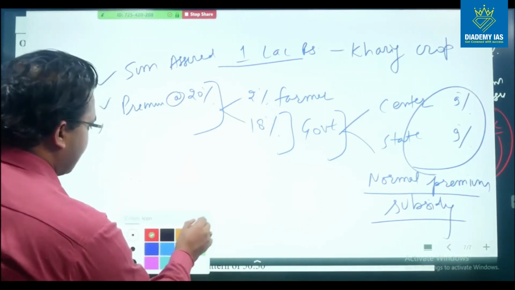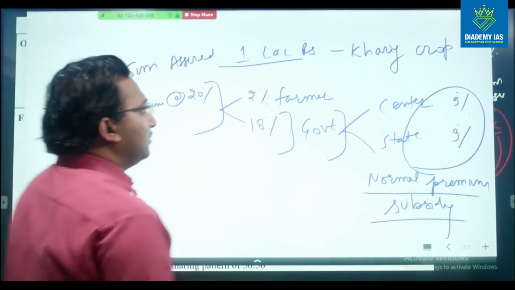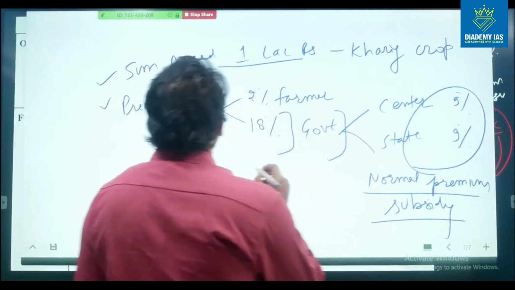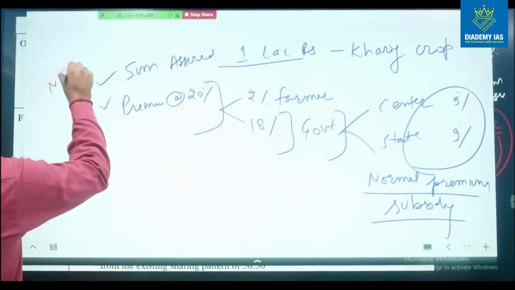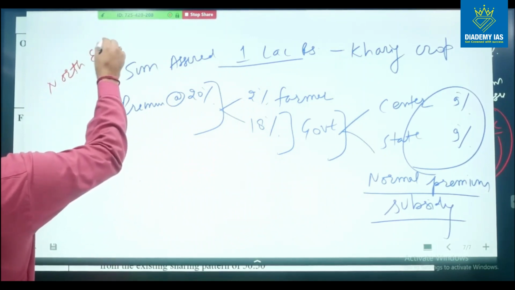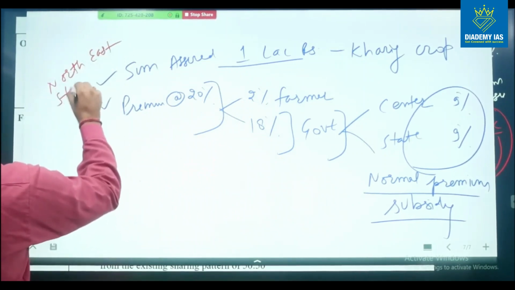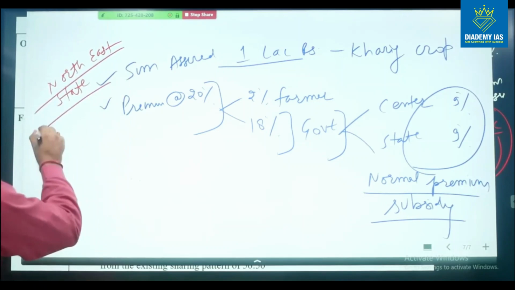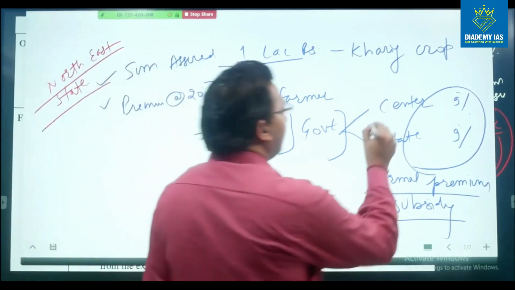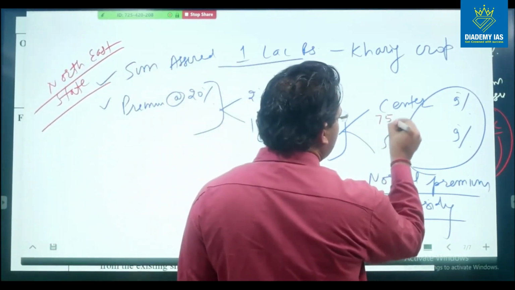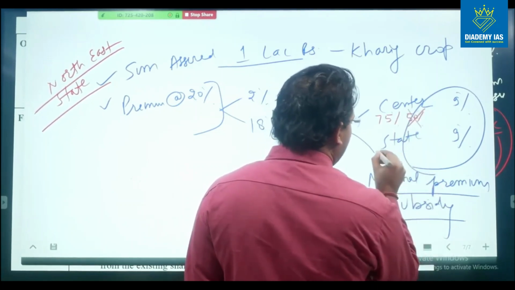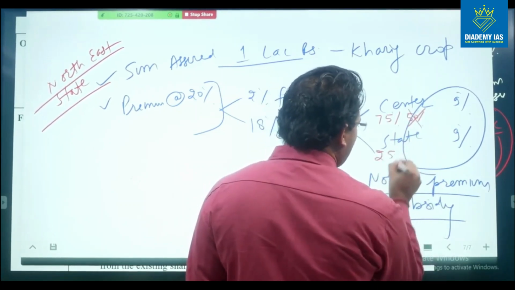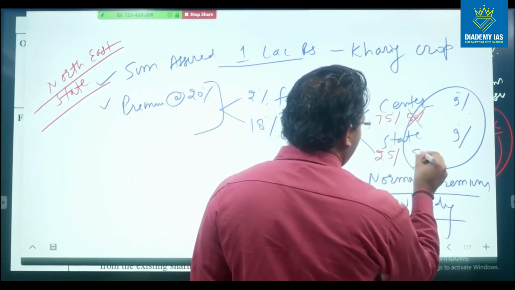The first change is that if this farmer belongs to some northeast state, in such case, the center will bear 75% of the cost rather than 50%, and the state will bear 25% in place of 50%.